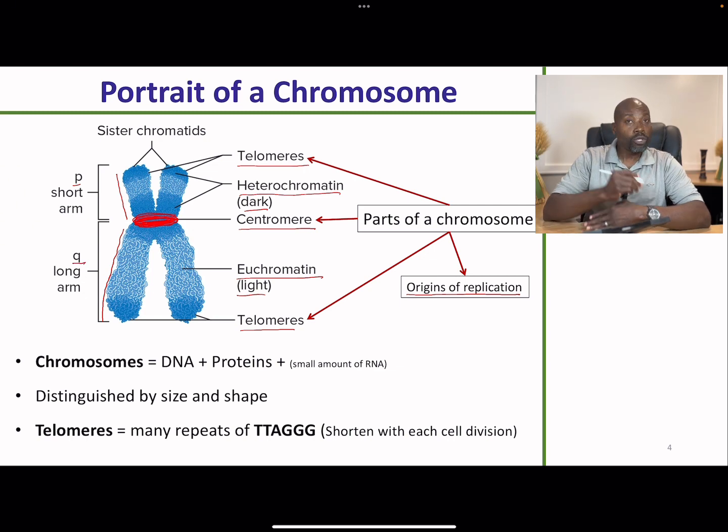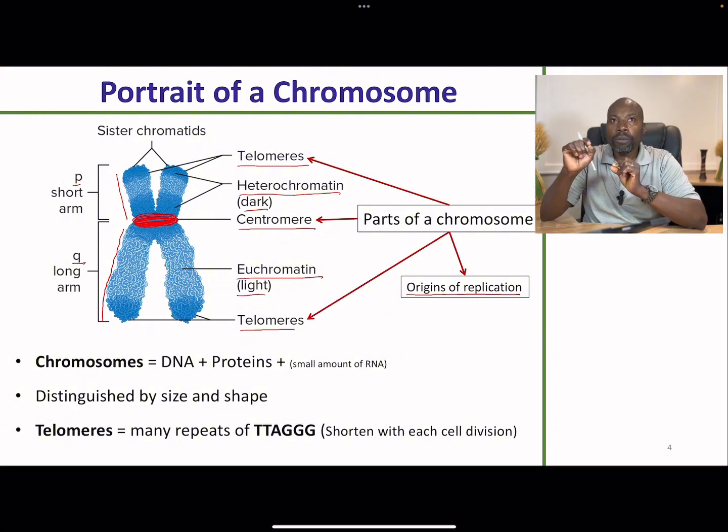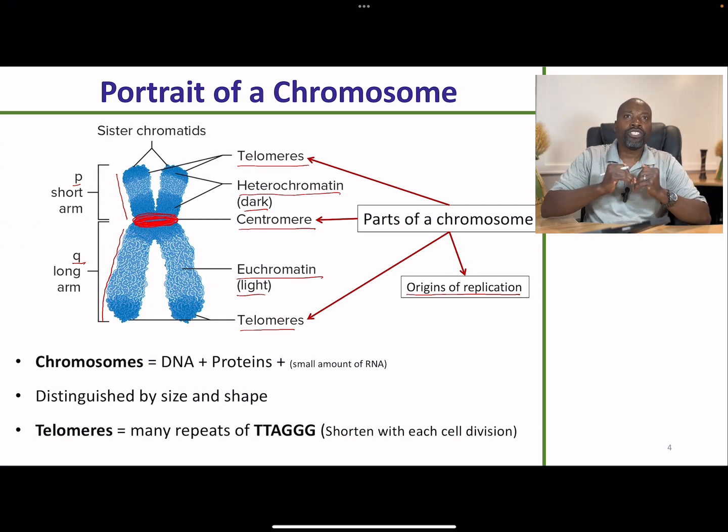right? So when we address chromosomes and look at defects, we are going to ask the following question: where in the chromosome is the defect occurring? Or where in a chromosome is a gene located? Is it on the P arm, which means short arm?